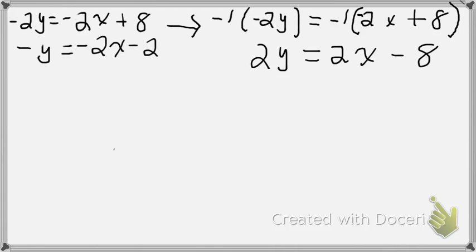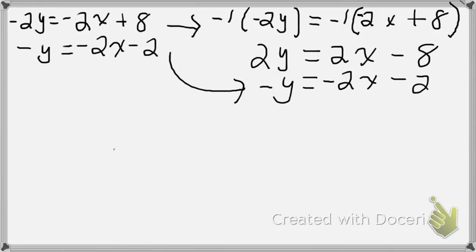So there's our first equation. Now our first equation, if we multiply both sides by negative 1, is 2y equals 2x minus 8. Now, if I take the second equation and put it underneath, then I have negative y equals negative 2x minus 2. Now the great thing is I can add these equations up.